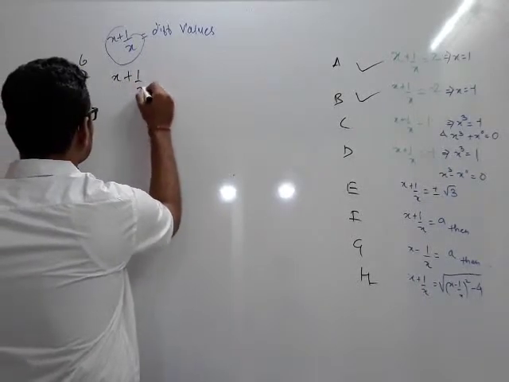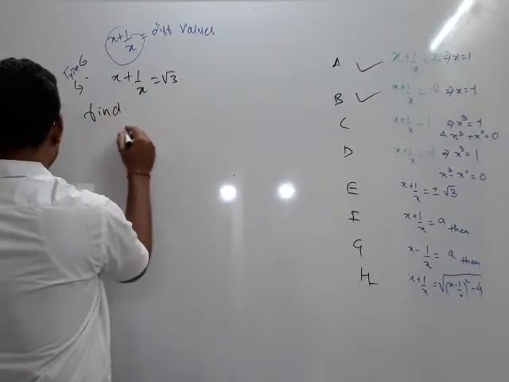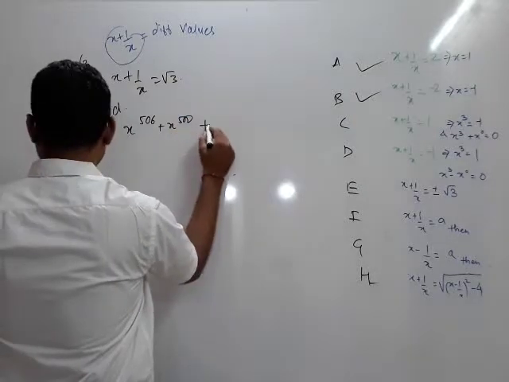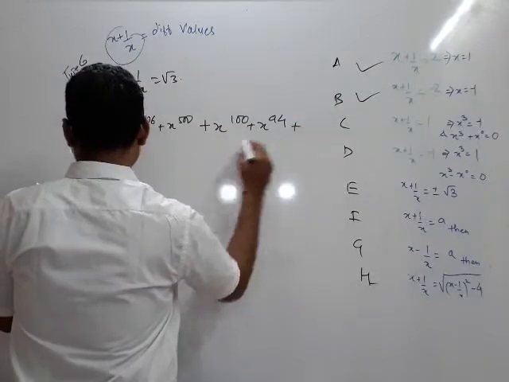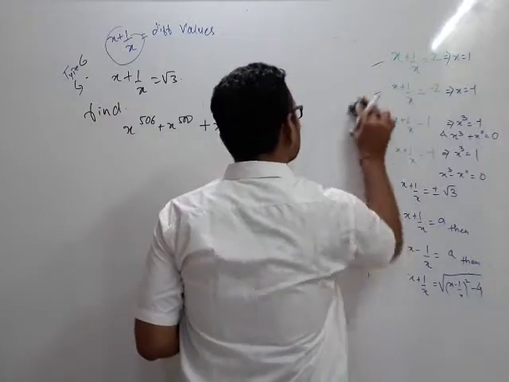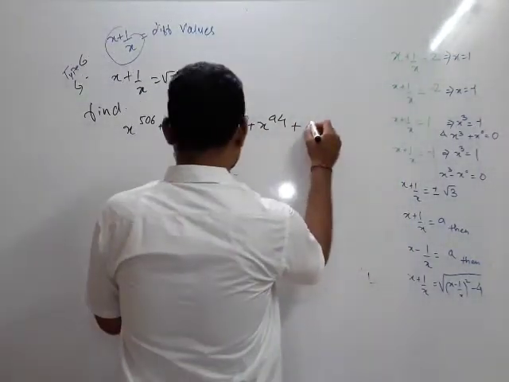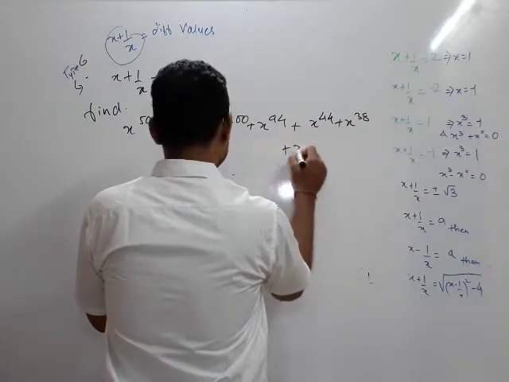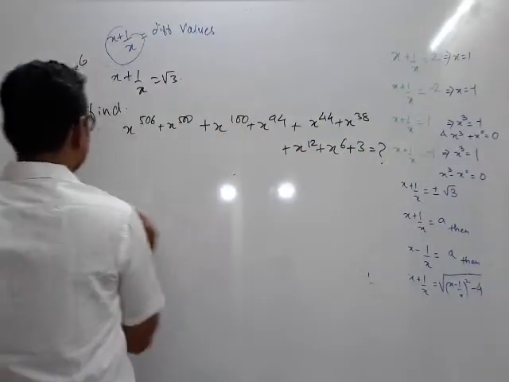When x plus 1 by x is root 3, find x raised to 506 plus x raised to 500 plus x raised to 100 plus x raised to 94 plus x raised to 44 plus x raised to 38 plus x raised to 12 plus x raised to 6 plus 3 is what?